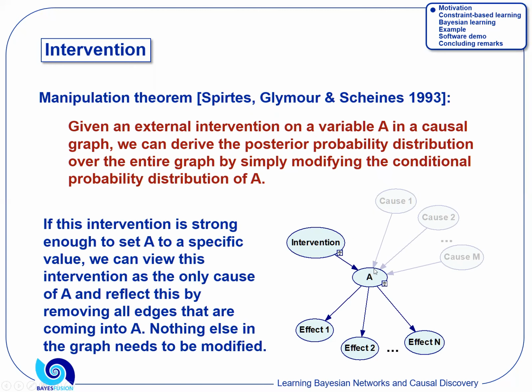If that intervention is perfect, which is the easiest to understand, you kind of fix it from the outside, then the causes, the incoming arcs, are irrelevant. You can just remove them. Nothing else needs to be modified to make predictions.